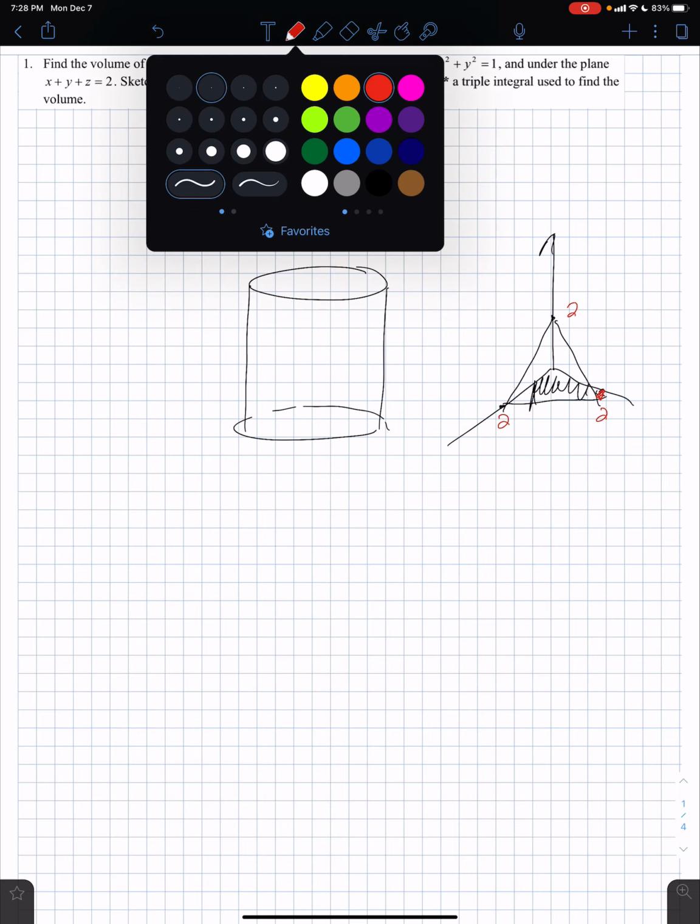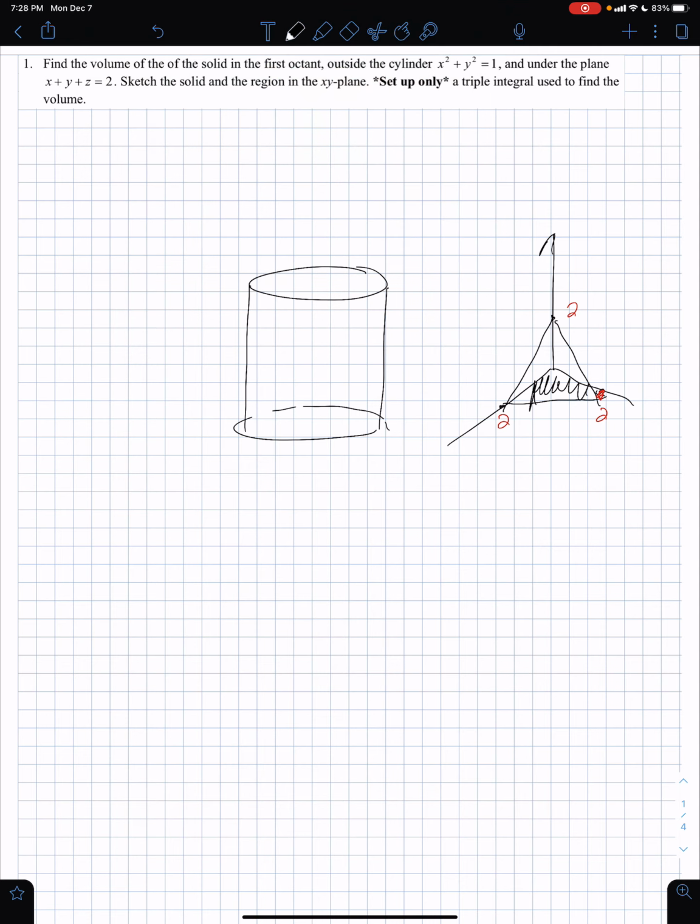But the cylinder is in here at 1, 1, and 1. So it's going to be this little sliver of space that you go through, and then up to the plane. Again, it's looking bad there. So you've got that plane, and the cylinder's inside. You go up to the plane, and the cylinder determines the base.